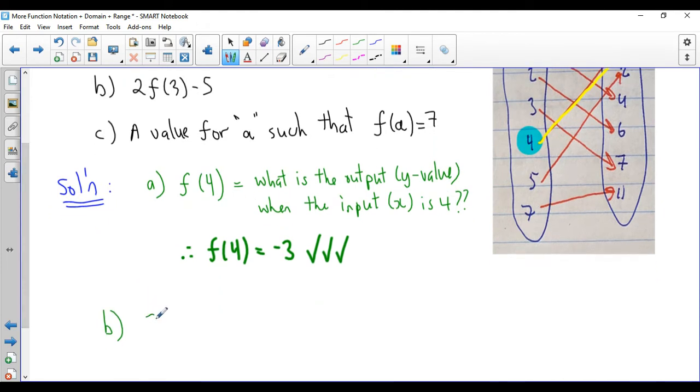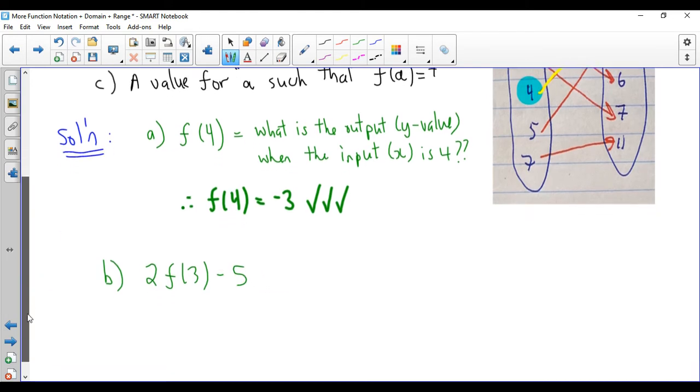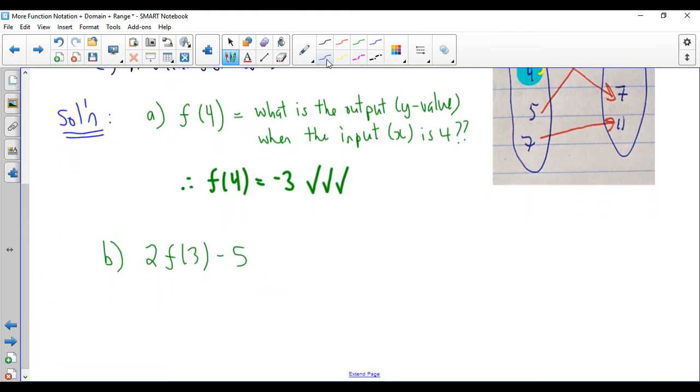So I have 2 f at 3 minus 5. So what I got to do first is we want to figure out what is f at 3.